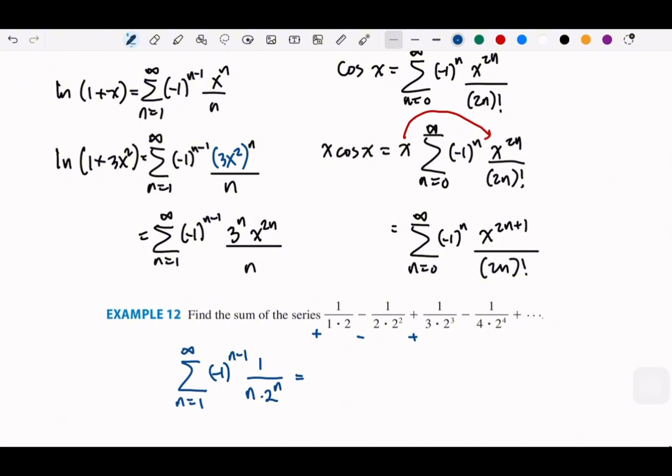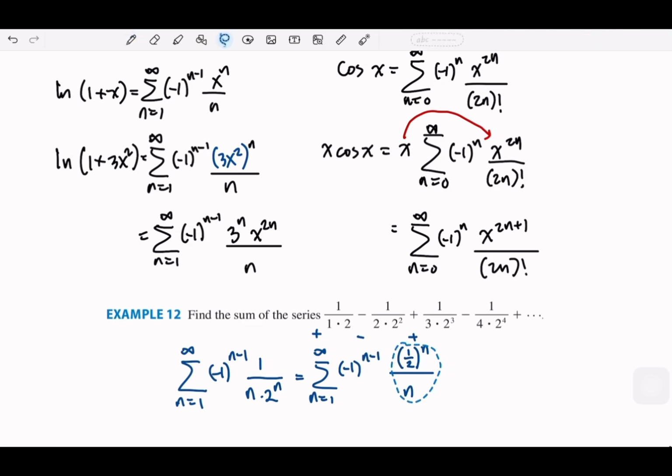So this can be written as, I will bring 2 with power of n going up here, half with power of n, like that.